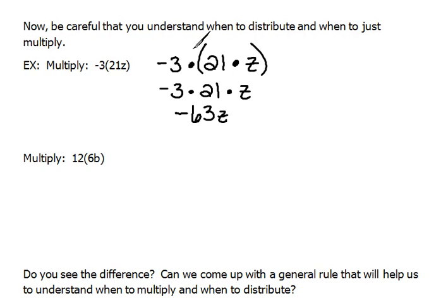We don't have to multiply it to each one because this is just multiplication. Here again we have the same thing. This literally says 12 times 6 times b. Everything is multiplication, so we just move left to right. 12 times 6 times b would be 72b.